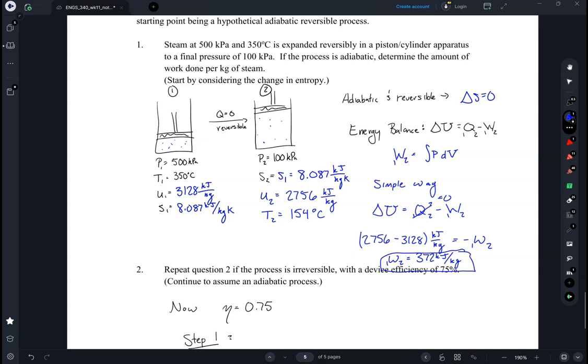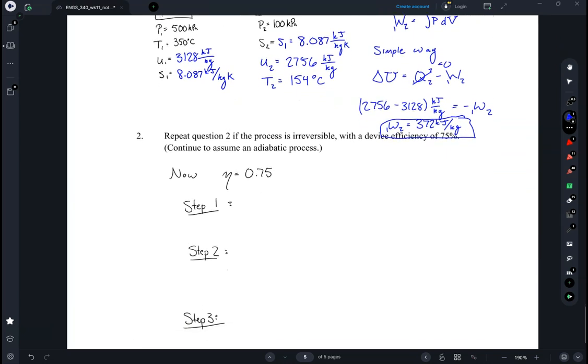We could repeat this now if our process is, say, 75% efficient. So our first step would be solve the 100% efficient case. We've just done this. W12 ideal was 372 kilojoules per kilogram. Step 2 would be like it has been before, use efficiency.